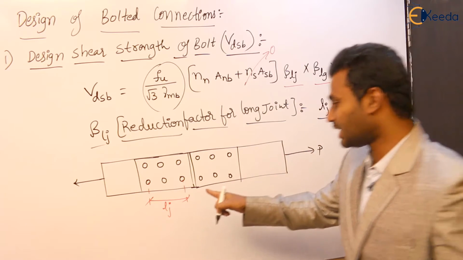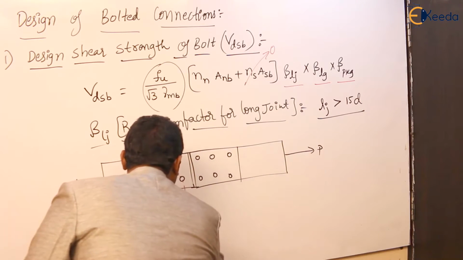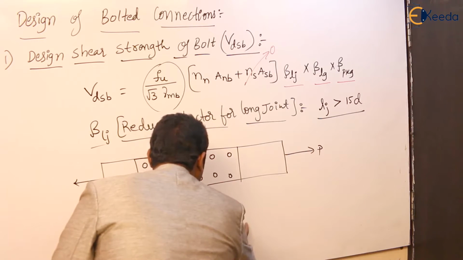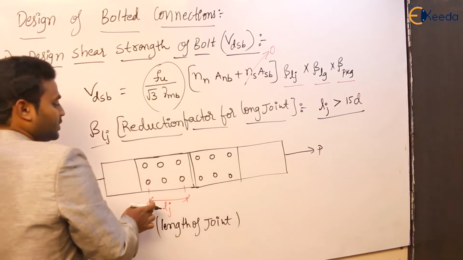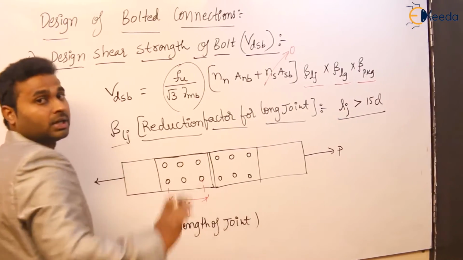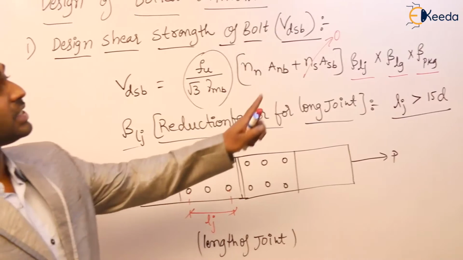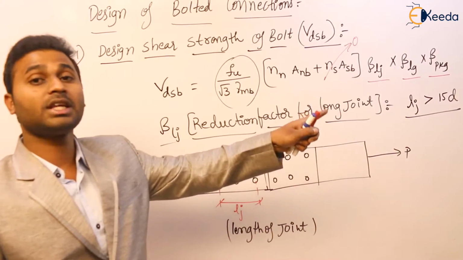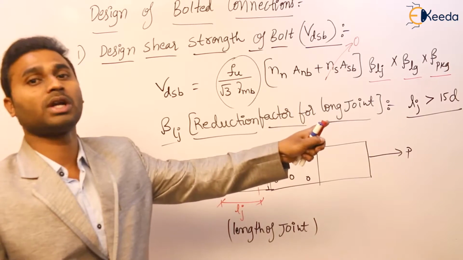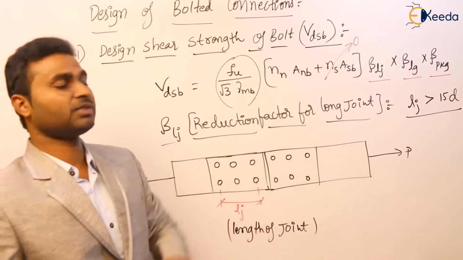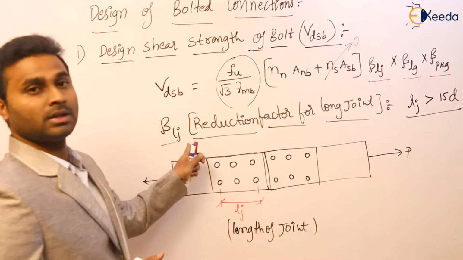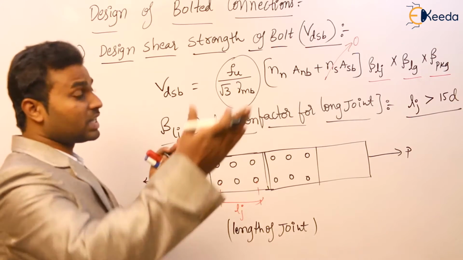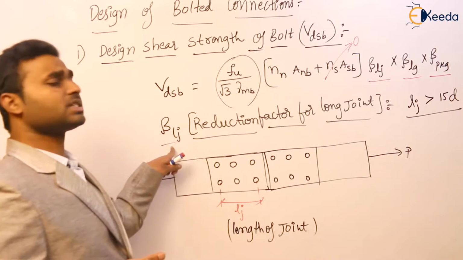Lj is the length of the joint, the center to center distance between first line and last line. If the length of the joint exceeds 15D, where D is the diameter of the shank of the bolt, then we have to consider this reduction factor for long joint. If the length of the joint is less than 15D, there is no need to consider this.